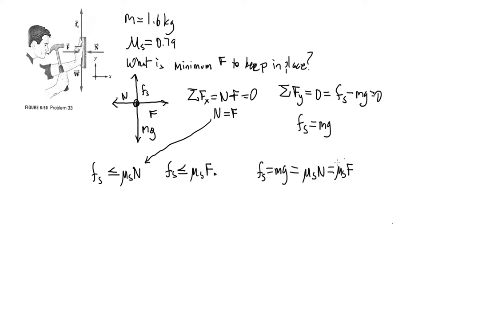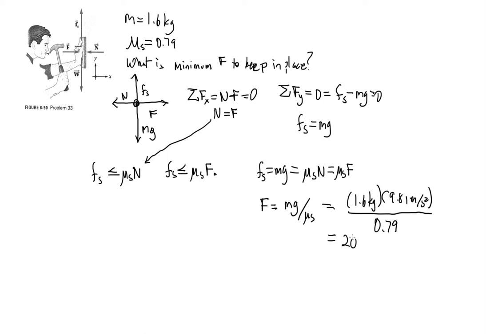And then we're after the force that we press it in, so we just say that F is equal to mg over mu s. I do some plugging in, so I get 1.6 kilograms, 9.81 meters per second squared, the 0.79 that's given in the problem, and I get an answer of 19.9 newtons, or I guess, to the precision in the problem, 20 newtons.